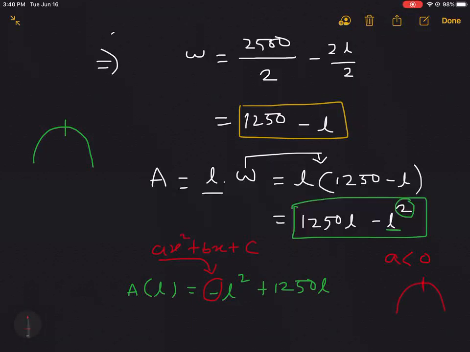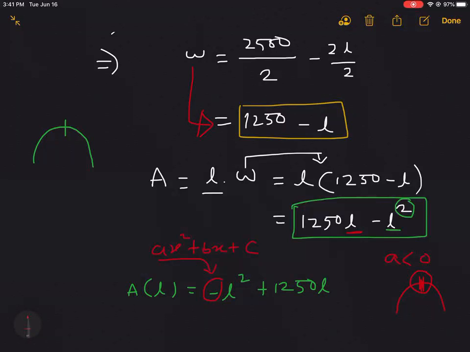So definitely, if we can find this point, we can calculate the value of L. And from L, we can also calculate W as well. And that's what we want. Now, what do we call this point? How can we define this point? Do you remember? Vertex, exactly, thank you.